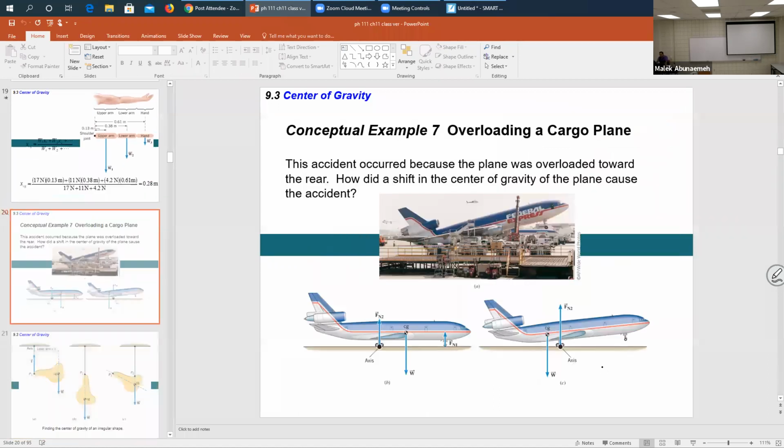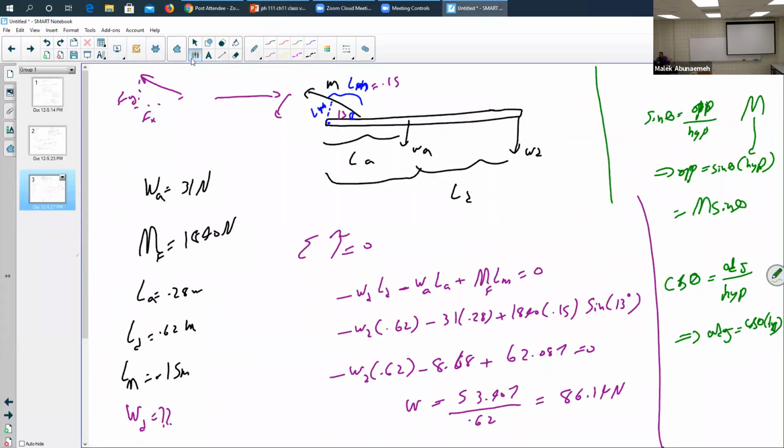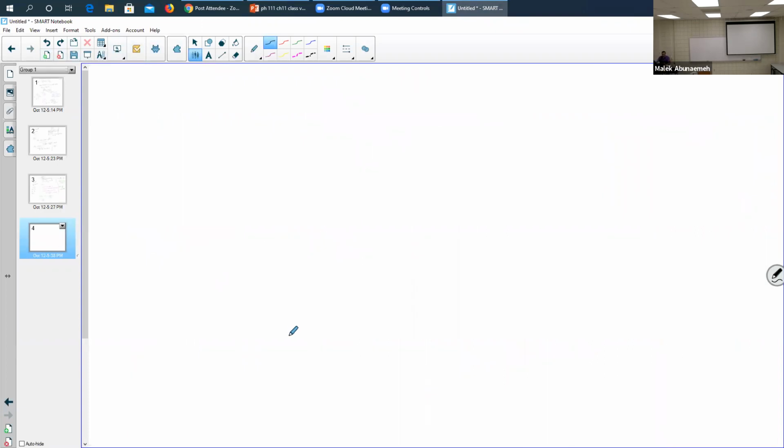Now, when you have an object going in a circle, and we talked about this briefly in the last chapter, you've got your pivot point, this is your radius R, and some kind of object that's going this way.